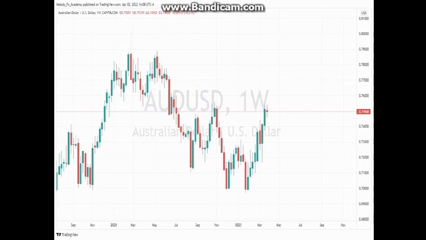Before now, we talked about this, the Australian Aussie dollar. The Aussie dollar has really been capturing my attention for the past few weeks. I have been looking at this fair value gap and this old high getting taken out.